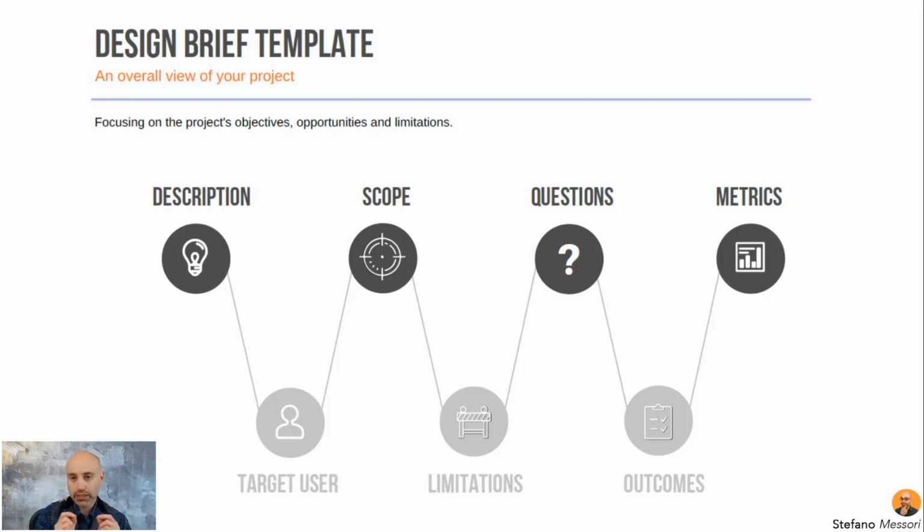So anytime that you start a design thinking process, have a look on my website. You can find the project scope template that helps you narrow down to what we call personas, a set of users that you think have something in common. And scoping your project is very important.